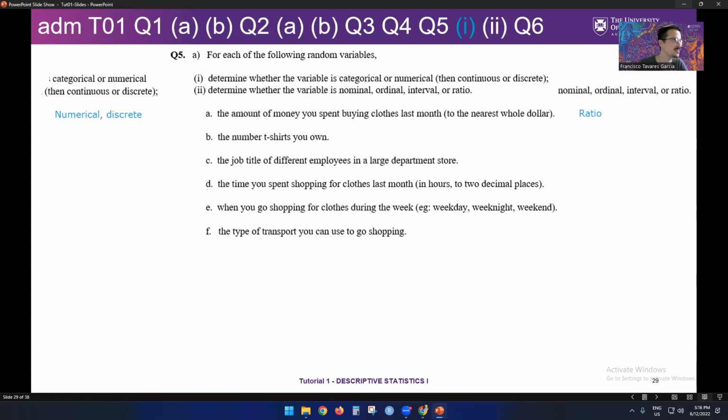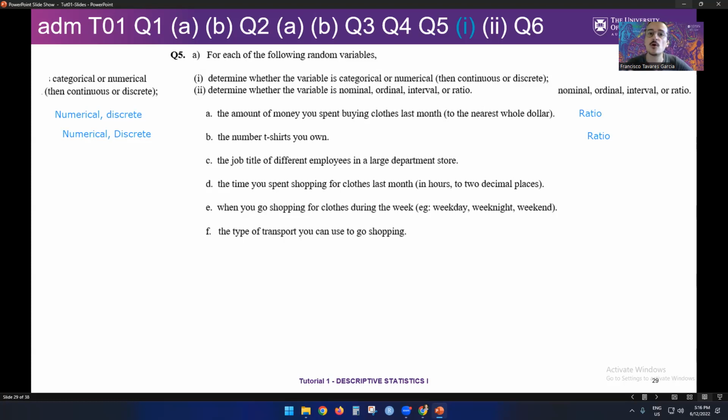It's either $500.50 or $500.51. You can't go in between either of them. So money, it might be surprising for some of you, but it's discrete. It is a ratio. Good job.